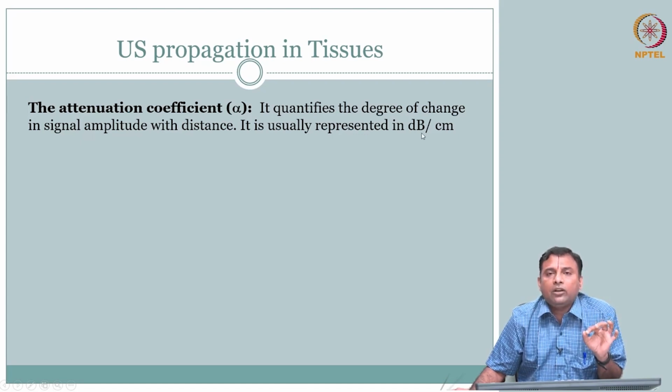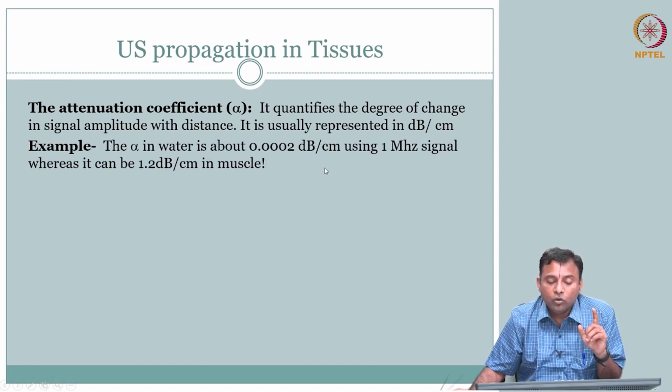Most commonly it is represented as decibel loss per centimeter, dB per centimeter. So alpha is dB per centimeter at a particular frequency.